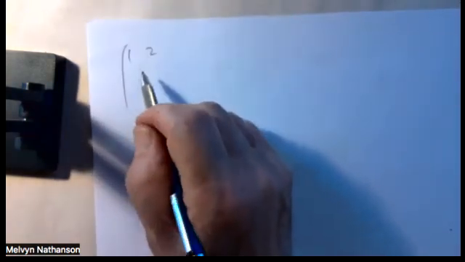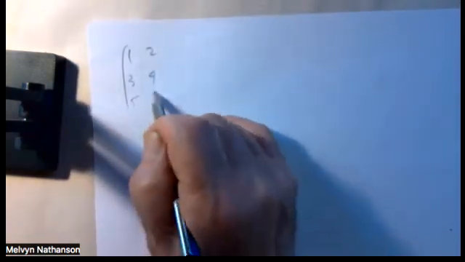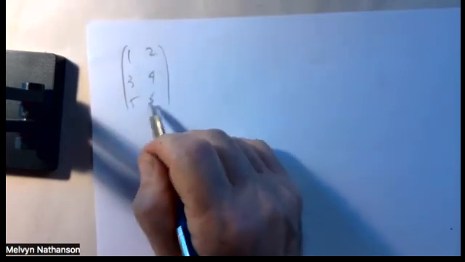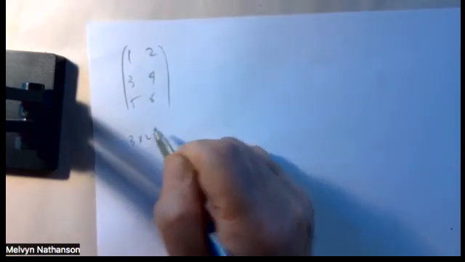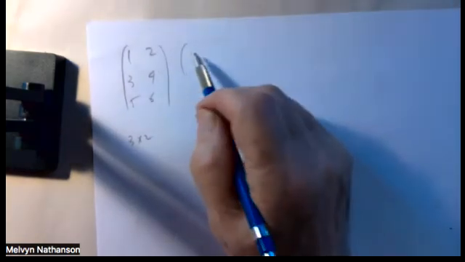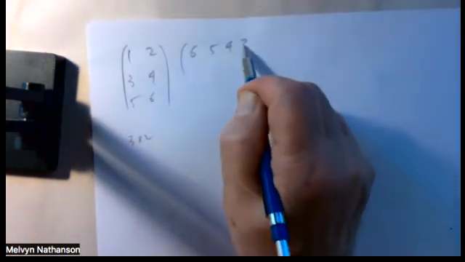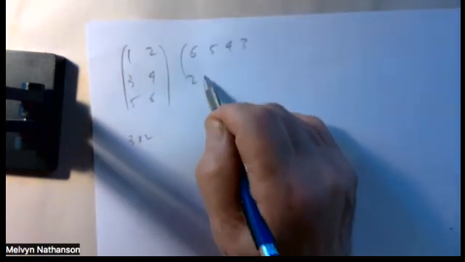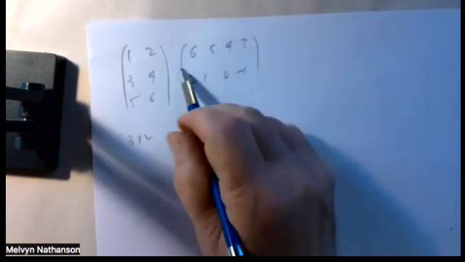Let's do one more example. We'll do more than one more example. Here's a matrix: 1, 2, 3, 4, 5, 6. This has 3 rows and 2 columns. And here's a matrix: 6, 5, 4, 3, 2, 1, 0, minus 1.